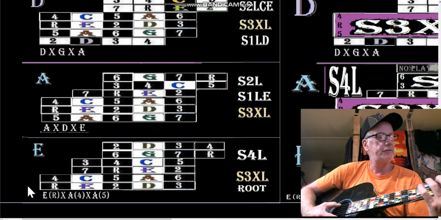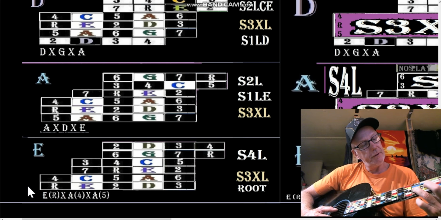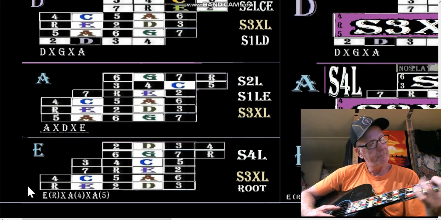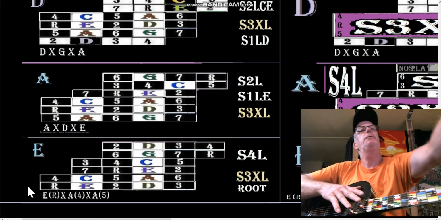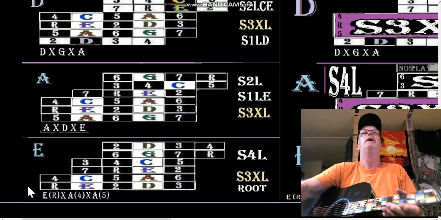So let's do that S4L. Now with the D, we're going to go with the A shape. Where's it going to be? It's going to be right here. Okay, and then we're going to do a long pattern there because you would have a fret nut there.